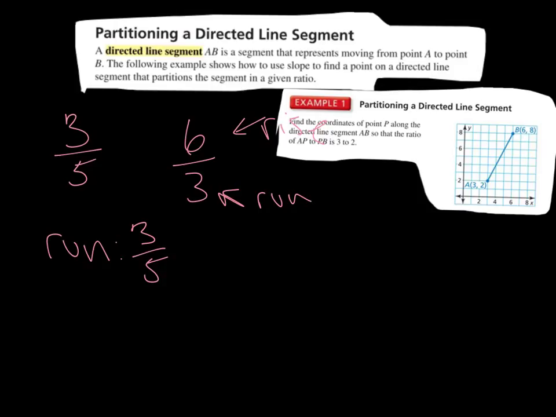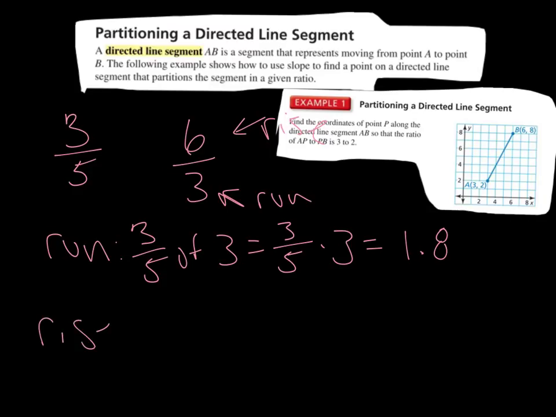So 3/5 of 3. That's just 3/5 times 3, and if you do that out, you'll get 1.8. Now let's find the rise. We're going to do the same thing: 3/5 of 6, which is the same thing as saying 3/5 times 6 equals 3.6.